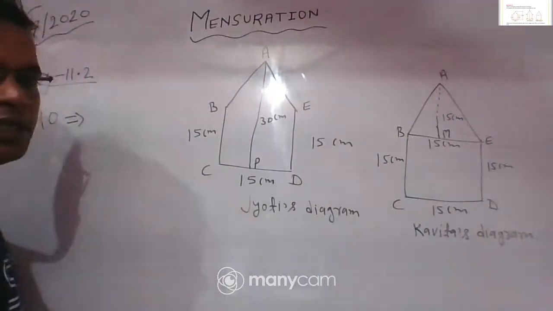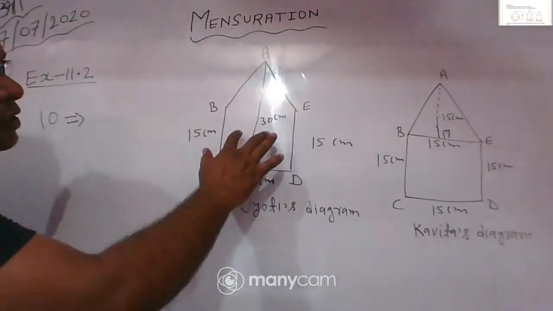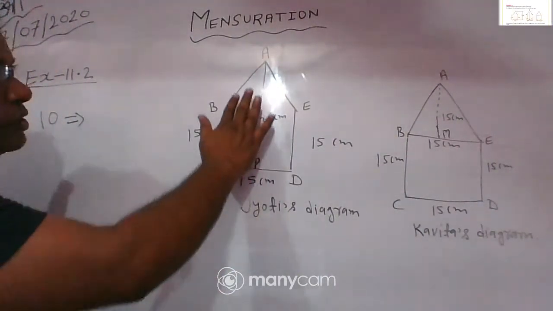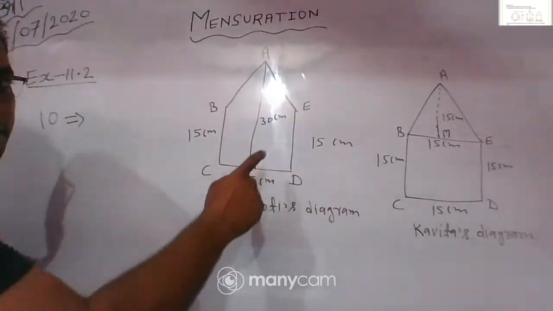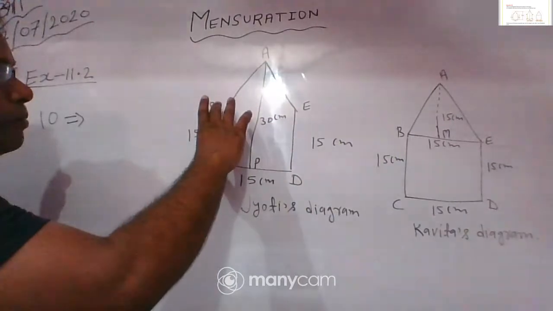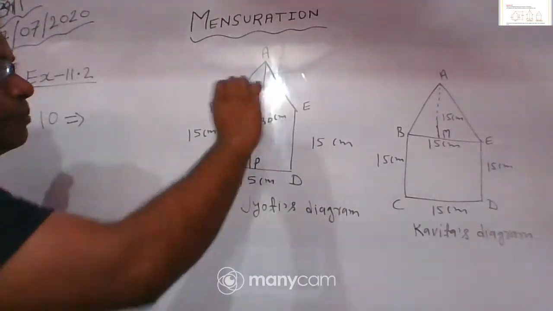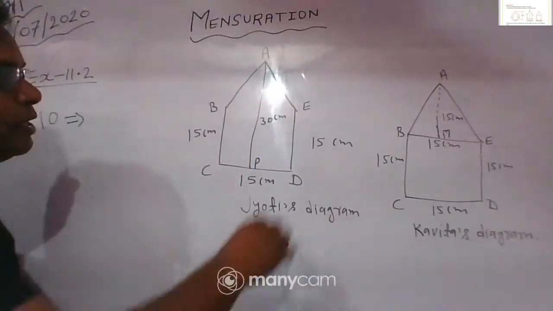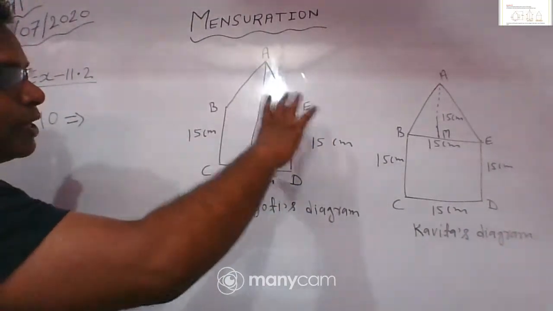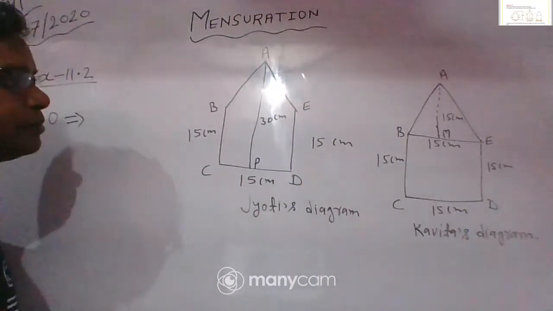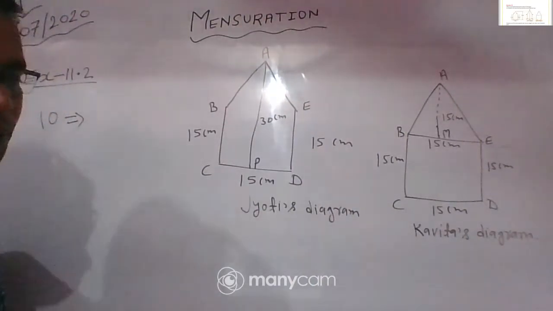So you can see here, these are two shapes. This first shape is like a trapezium. This is also a trapezium. BC and AP are parallel, and here AD and AP are parallel. So this is the shape of a trapezium.